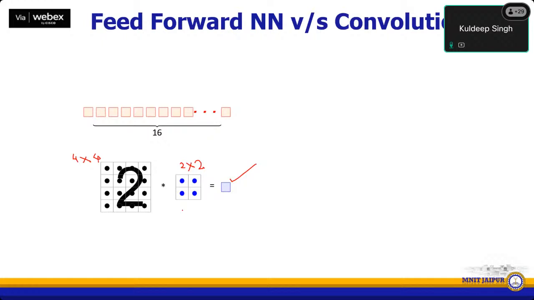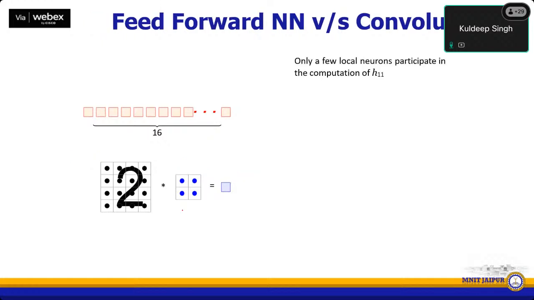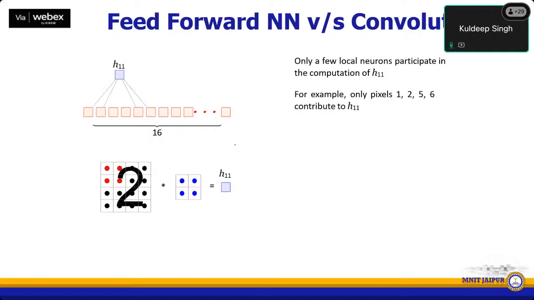Now what we are going to do here, for computation of H11, we will have the contribution of very few local neurons rather than the contribution of all the 16 neurons which we had in the feed-forward neural network. How? Because we are applying this 2 cross 2 kernel on a 2 cross 2 patch of this image.